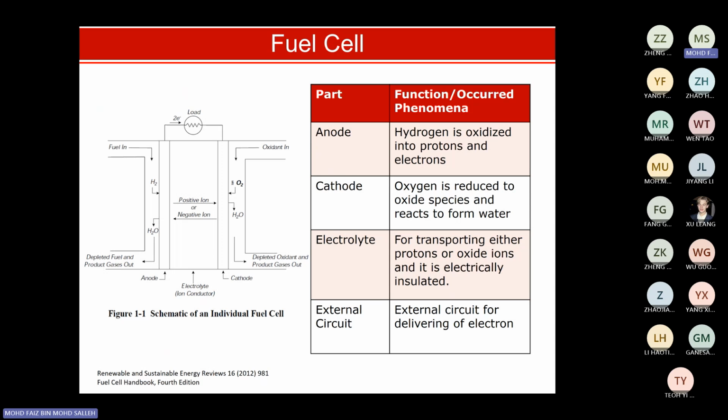The structure needs two kinds of electrode, and then you need to have the electrolyte. What happens is we have a chemical reaction, oxidation and reduction, between the electrolyte, the fuel, and the electrode.